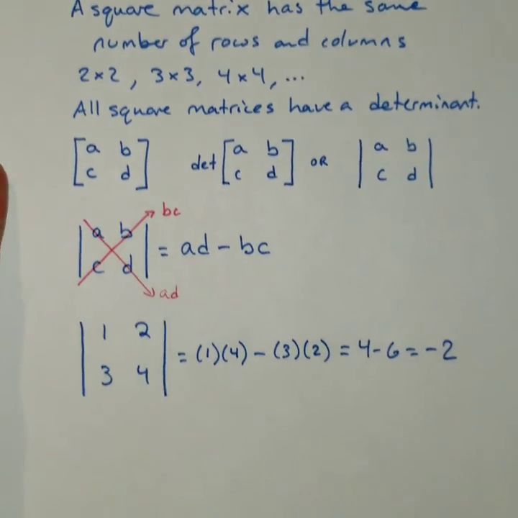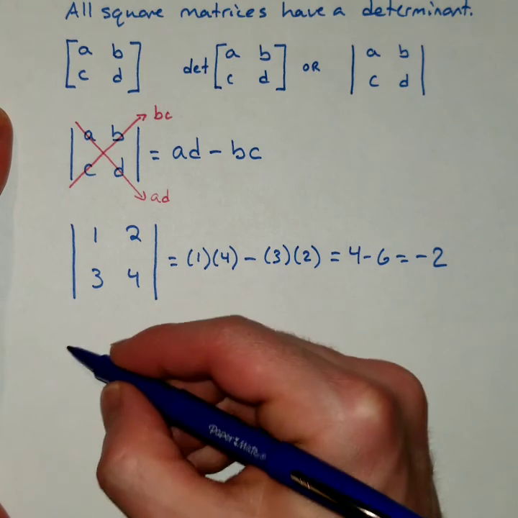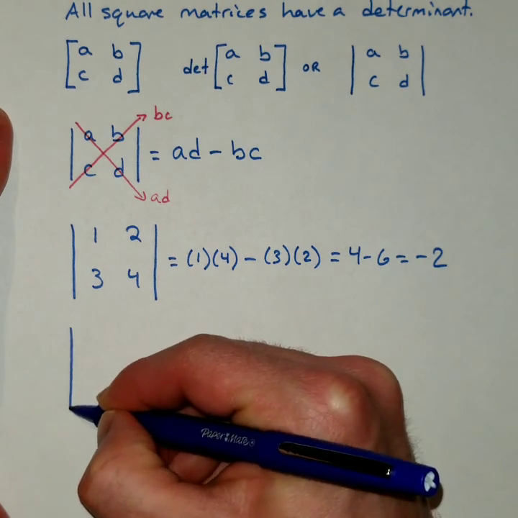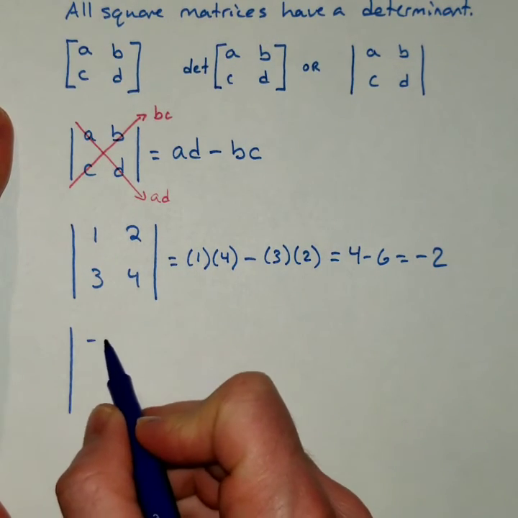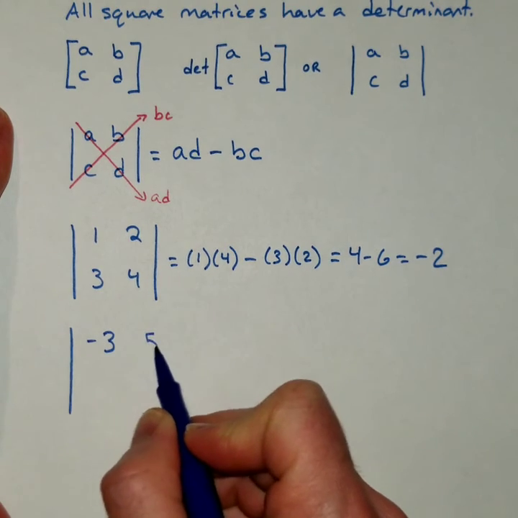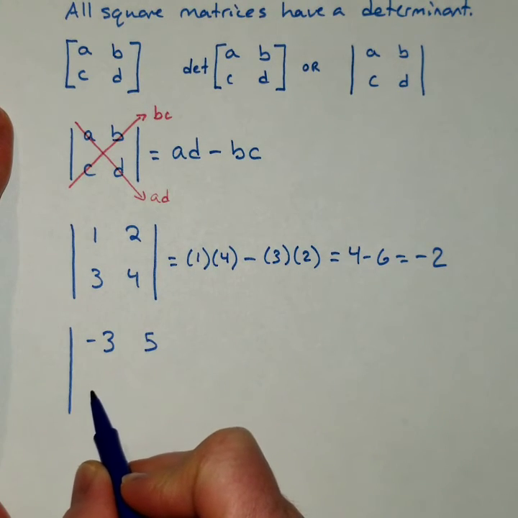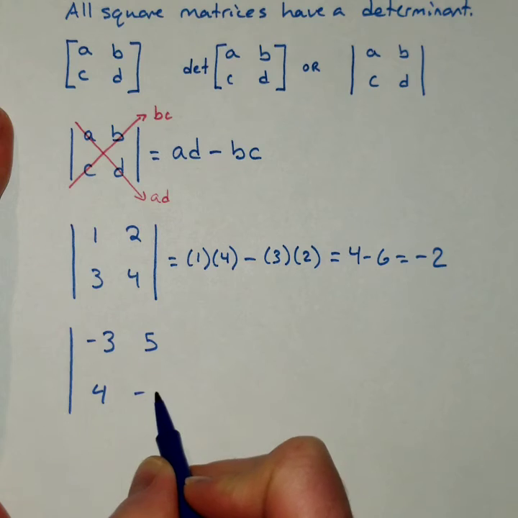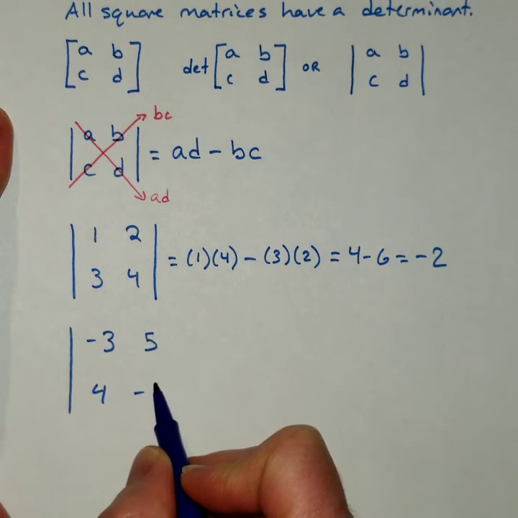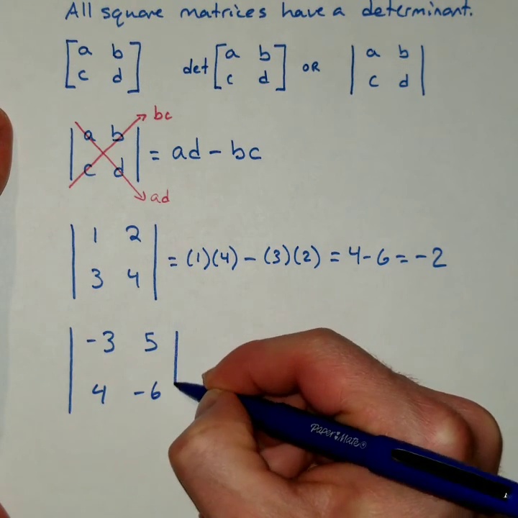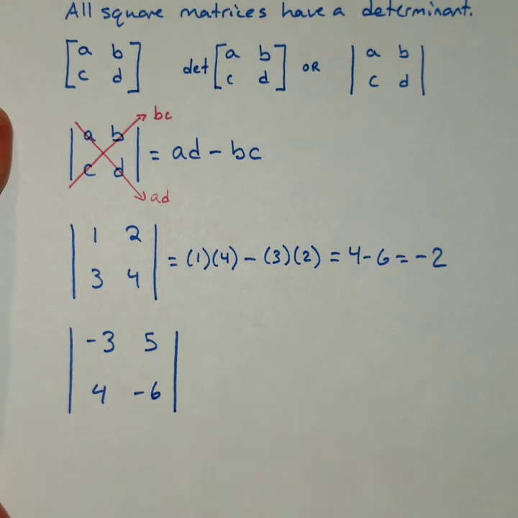Right? And we can do this with any 2 by 2 matrix. Again, negative 3, 5, 4, and negative 6. I'm just making something up on the fly here. I'm going to go ahead and just do these on the diagonal.